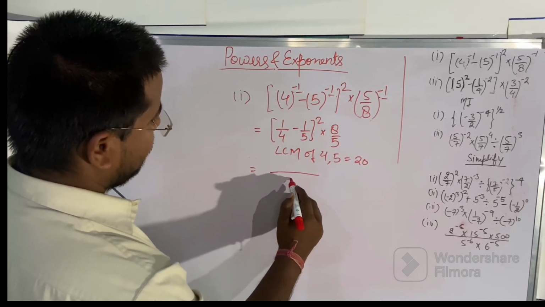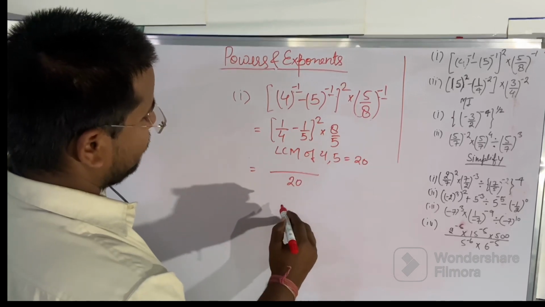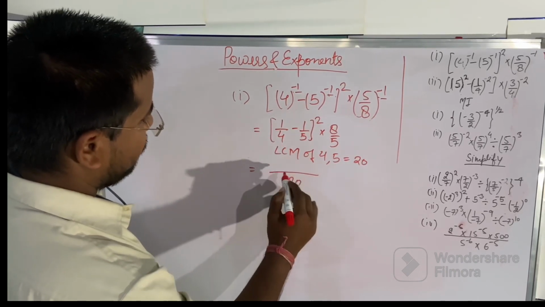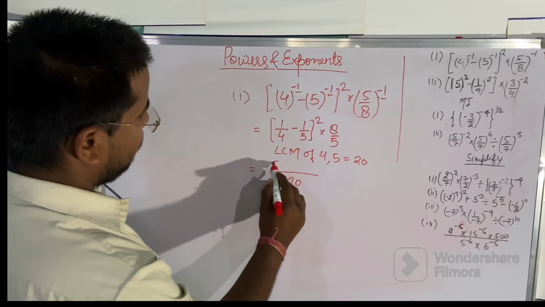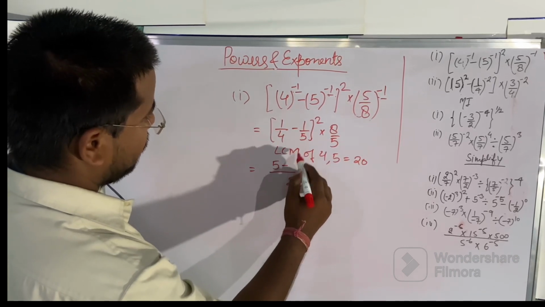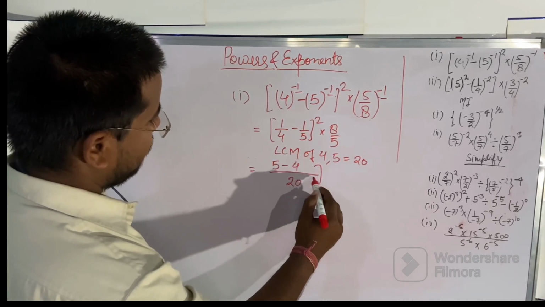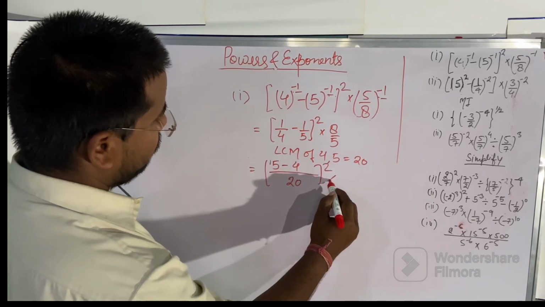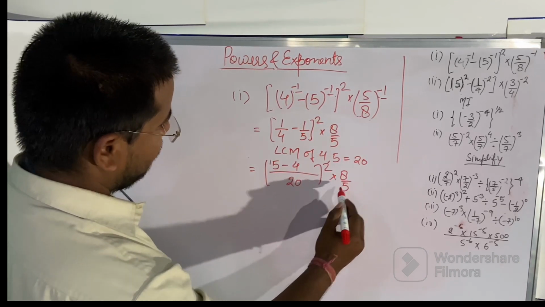So I write one time denominator LCM 20. 4 5s are 20, so 1 multiply by 5 becomes 5 and 1 multiply by 4 becomes 4. Its power is 2, multiply 8 by 5.